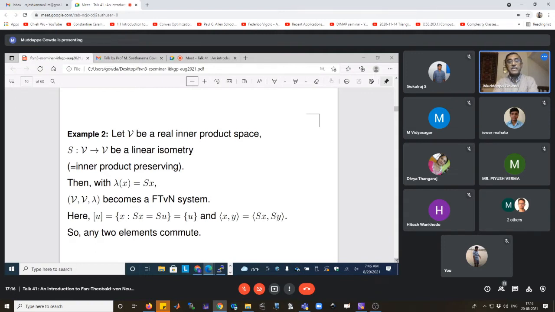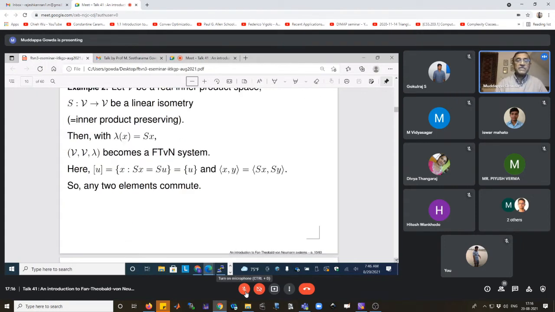So this triple is an FTVN system, and because x dot y equals Sx dot Sy, that is lambda x dot lambda y, any two elements in the system commute. So this is like a discrete system. That is the way that I can think of this.